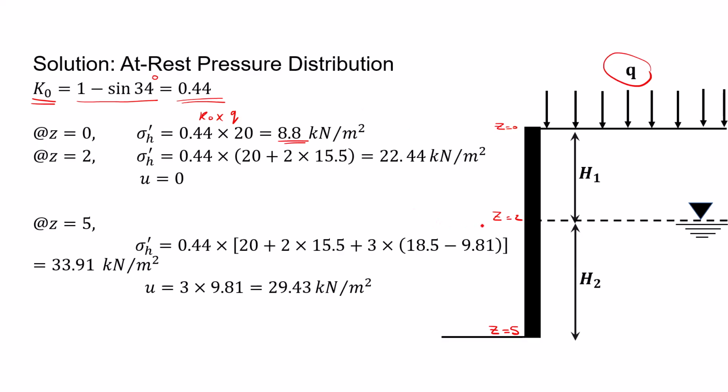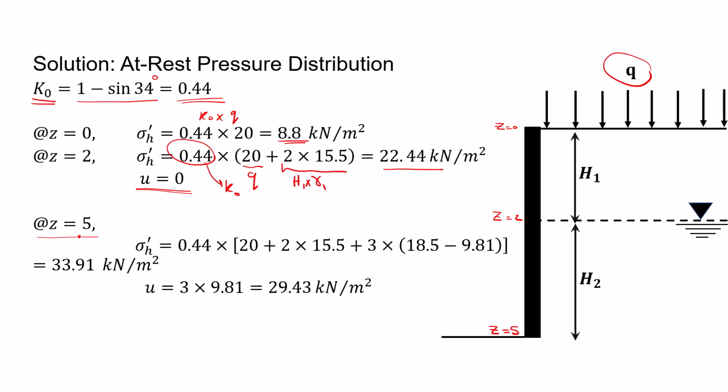At z equal to 2, the soil is still dry, so we do not have any pore pressure, and we should multiply K0 by Q plus 2 times, which is H1 times gamma 1, and it would be 22.44 kilonewton over meter squared.